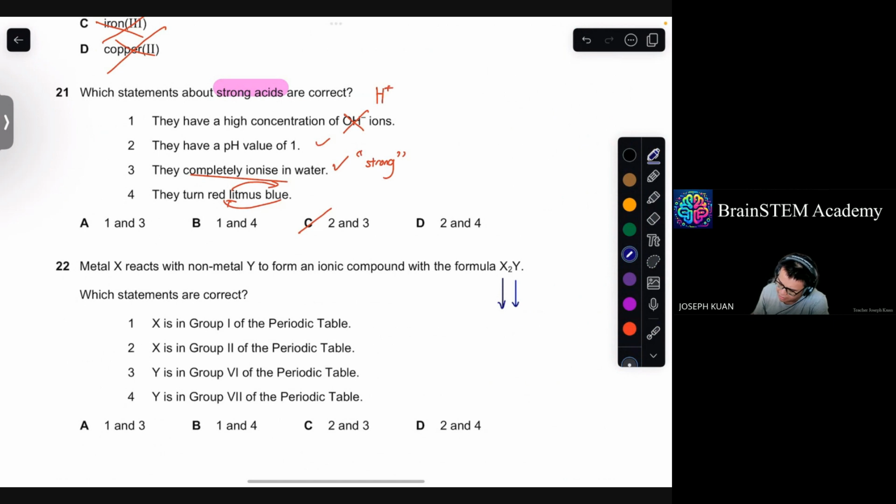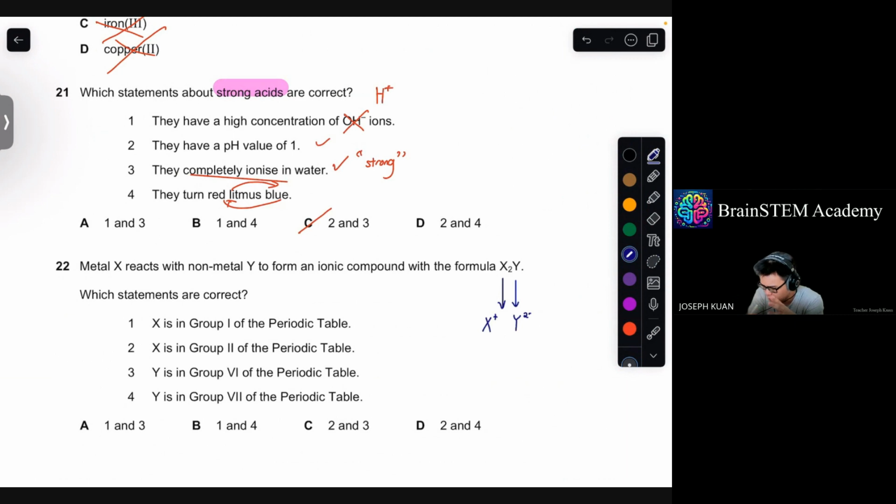Based on this formula, we can conclude that X carries a +1 charge and Y carries a 2 minus charge, because in constructing an ionic compound formula you cross the numerical values of the charges.